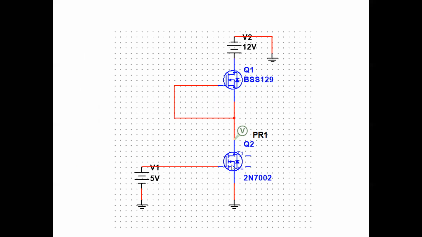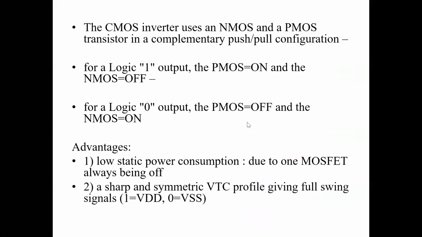Now the output has to go to 0, which means the aspect ratio of the pull-down transistor should dominate the aspect ratio of the pull-up transistor. So it is called ratioed logic.